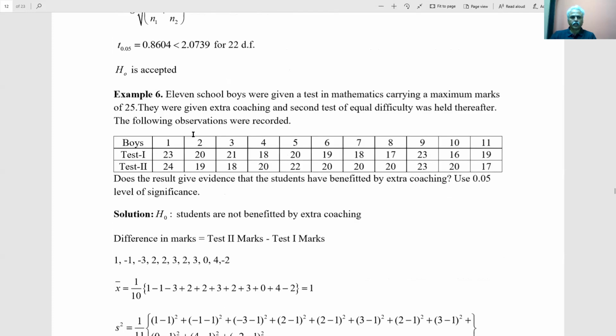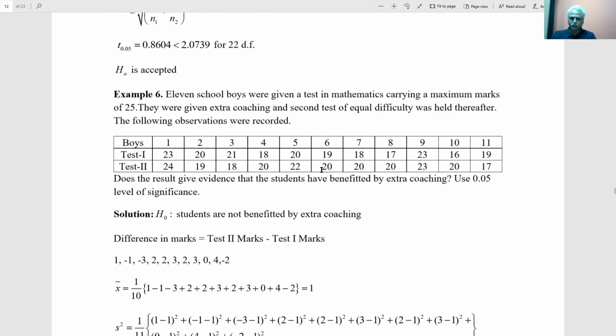Now see the next example. 11 boys were given a test in mathematics carrying a maximum of 25 marks. In the first test, the students scored like this. After giving extra coaching, one more test was taken, test 2. This type of analysis tests whether the coaching was effective or not.